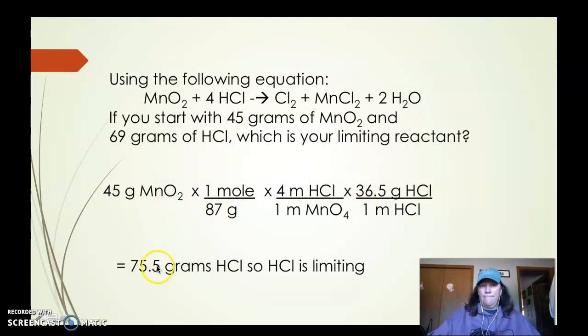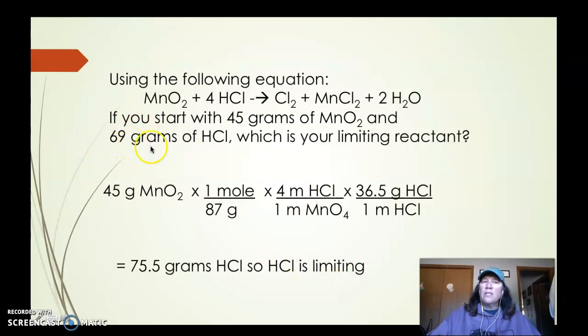This is what I get. So when I have 45 grams of MnO2, manganese dioxide, I need 75.5 grams of HCl. That's what I need. I look up here and it says I have 69. I don't have enough. So HCl is my limited reactant.